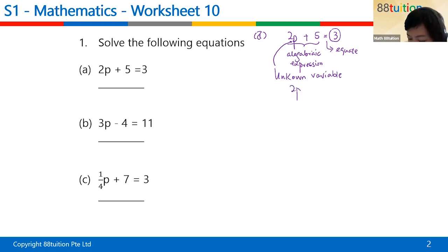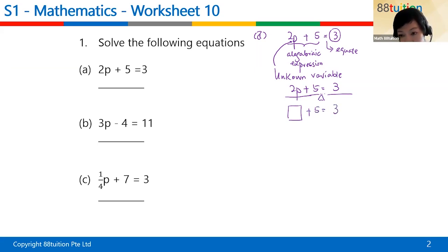So let's take a look at this balancing scale. 2p plus 5, and then you must have a 3. Imagine this is a balancing scale. Your 2p plus 5 must equal 3. So if you have 5, what plus 5 equals 3 to make them equal?